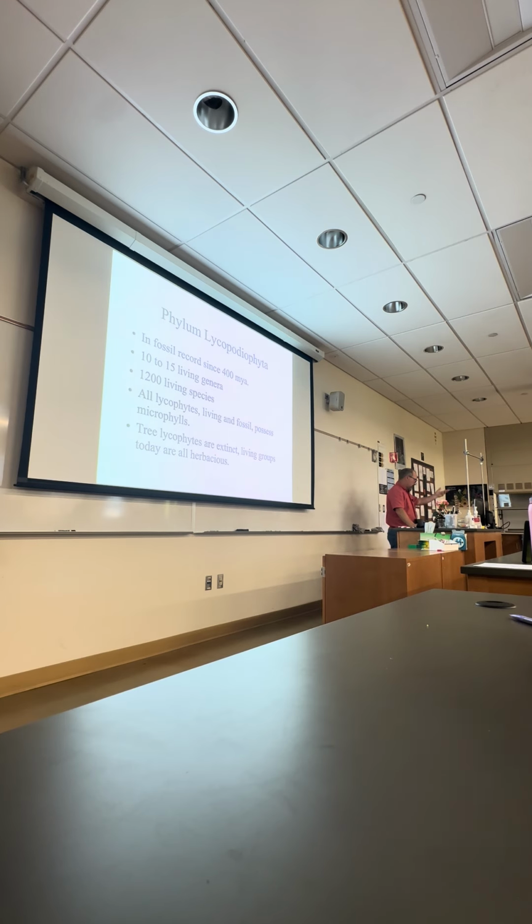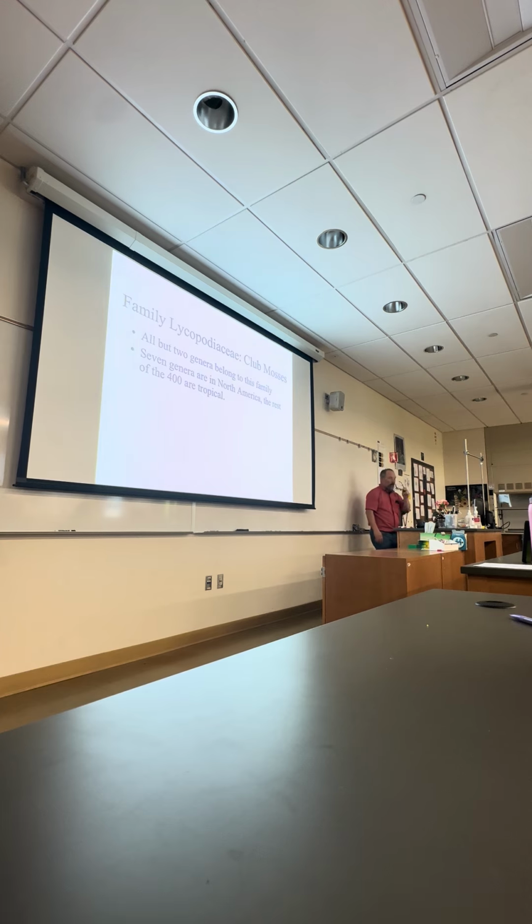All of them we have today are herbaceous, which means no woody tissue. So the club mosses, all but two belong to this family. These are also mostly tropical. All but two are here in North America.